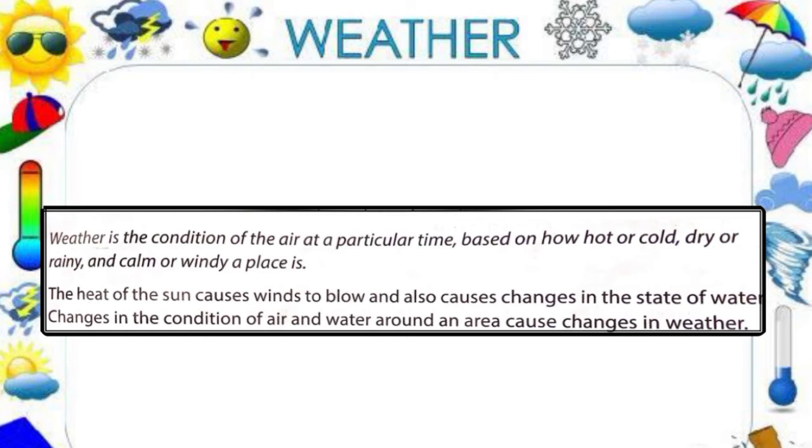A weather pattern occurs when the weather stays the same for a few days or weeks at a time. There are a few different weather patterns that you may already know about, such as hot and dry, wet and rainy, or cold.